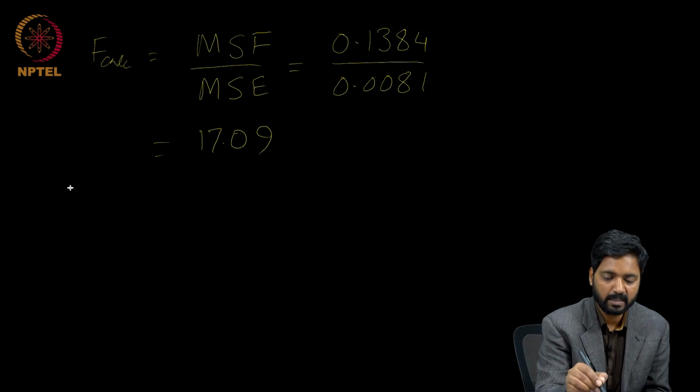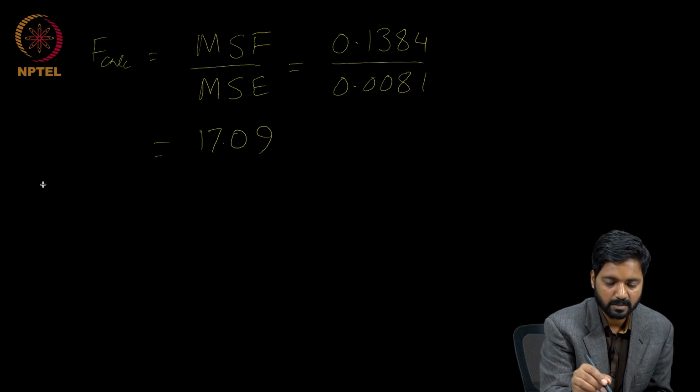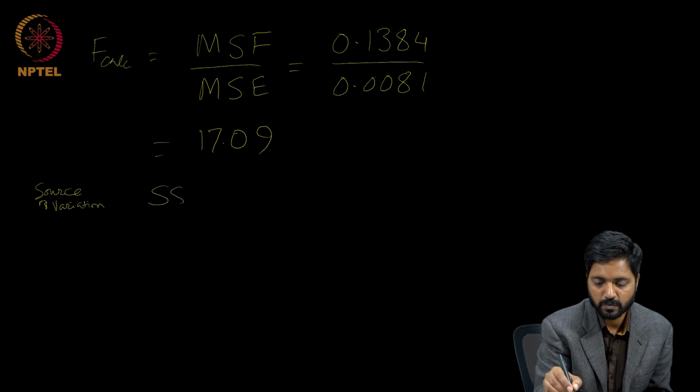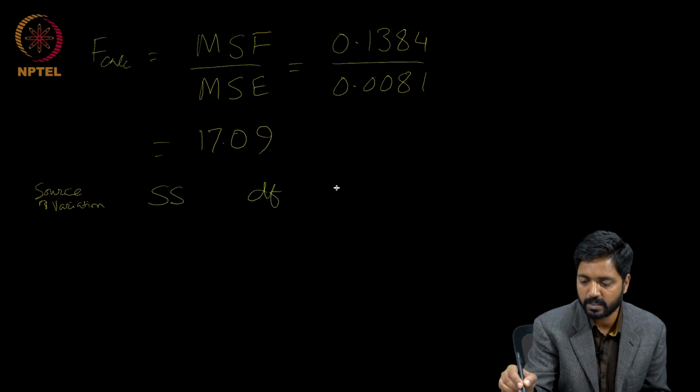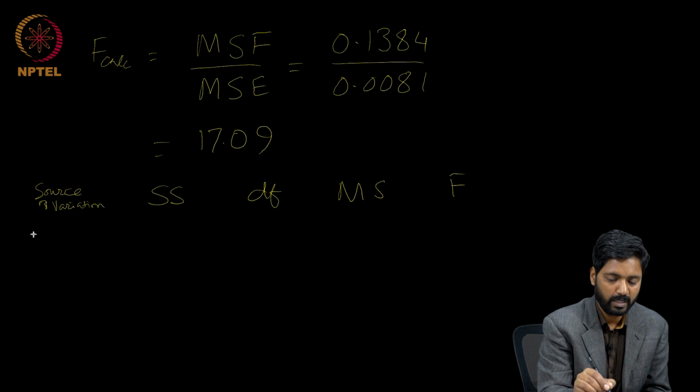Let us do that. So the ANOVA table would look like this: source of variation, sum of squares, degrees of freedom, mean square, and the F value.